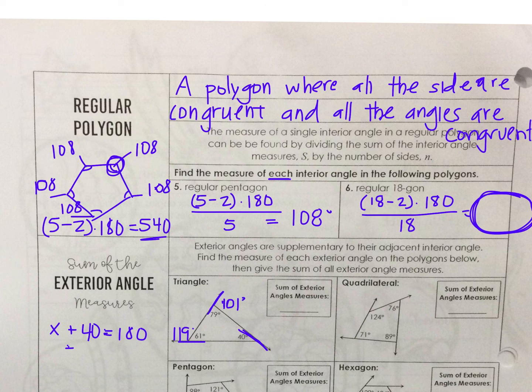So let's subtract 40. I get 140. So it says the sum, which means add together the exterior angles. So 119 plus 101 plus 140 equals 360 degrees.